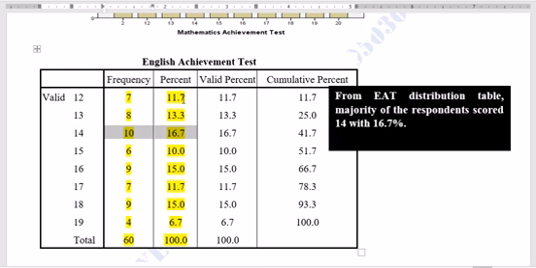Now you can therefore conclude that from this place, majority of students score 14. Is that taken?